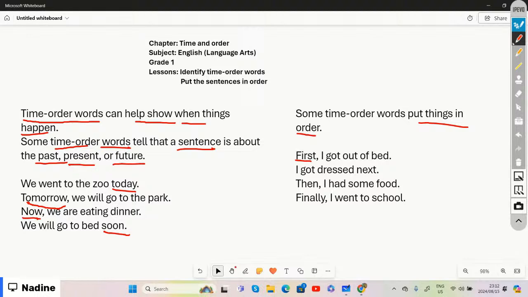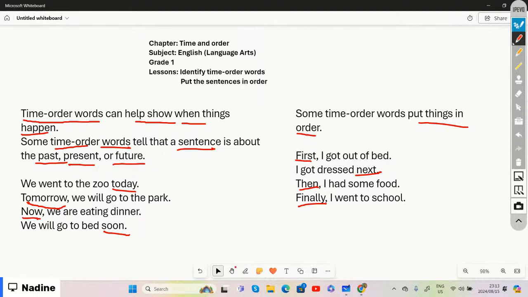This is you preparing to get ready for school. Then I got dressed next. Then I had some food. Finally, I went to school.